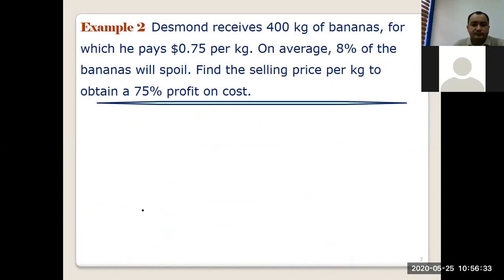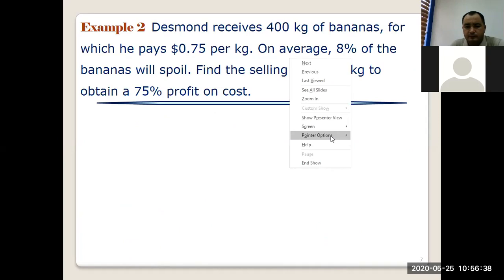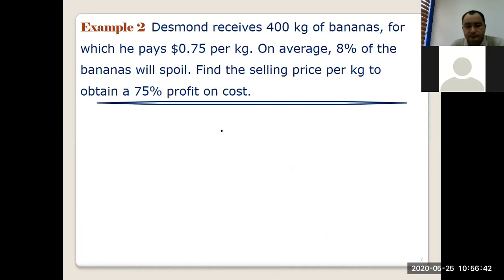Example 2. Desmond receives 400 kg of bananas, for which he pays $0.75 per kg. So he's spending this much money for each kilo of banana. That is the cost price of banana. On average, 8% of the bananas will spoil.